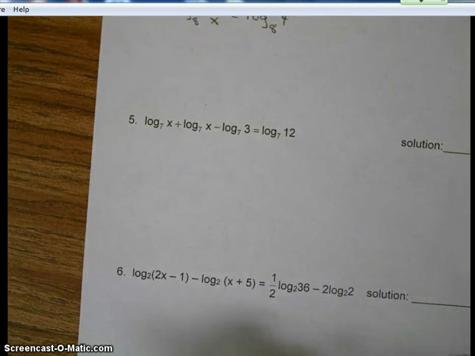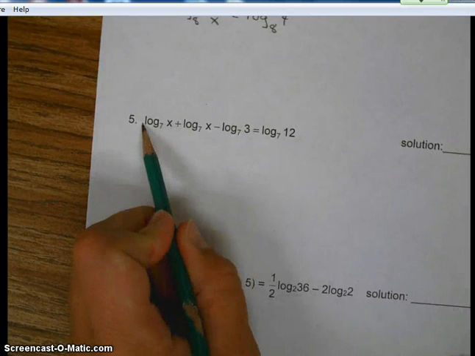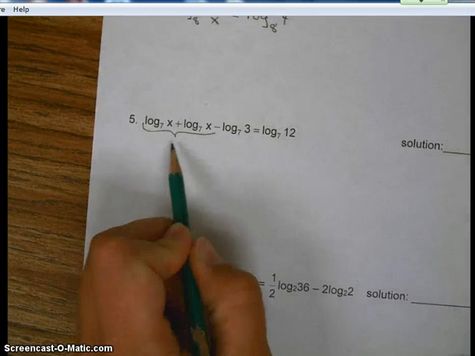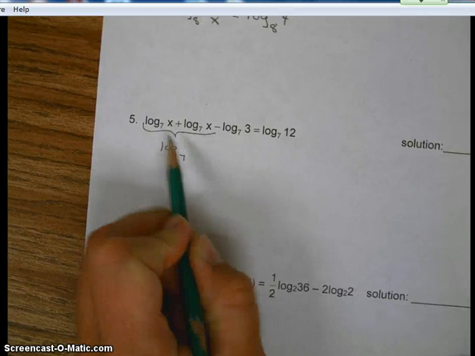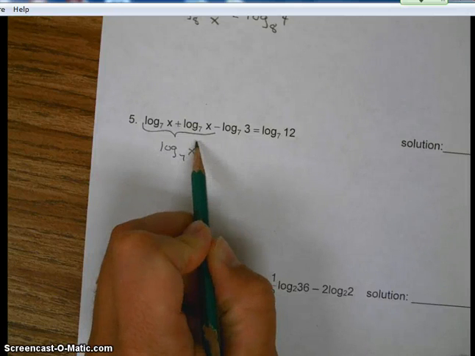Okay, number 5. We have addition, so we're going to condense those two down. We're going to have log base 7 of x squared, because we're adding, so we multiply the arguments.